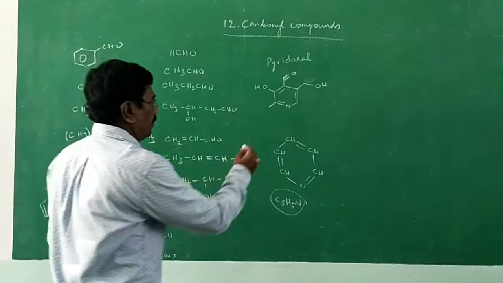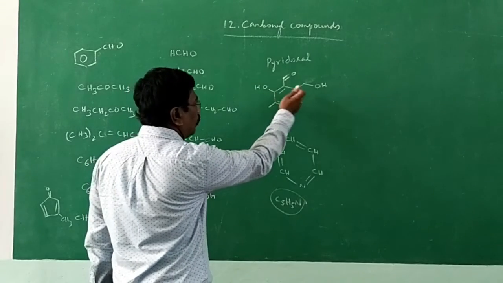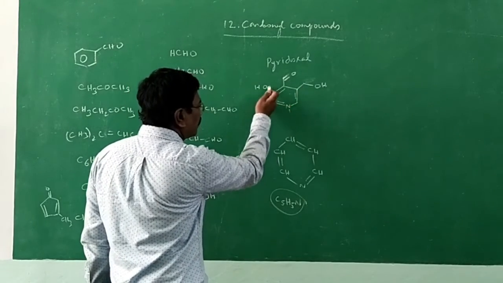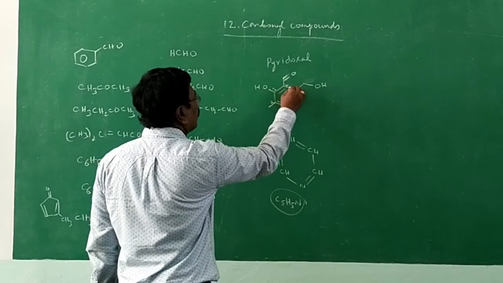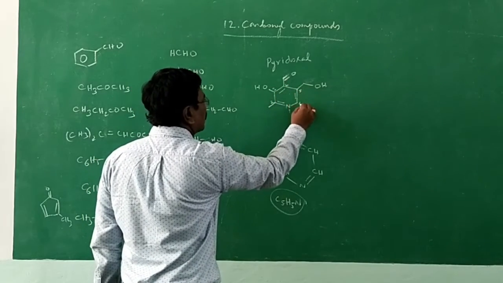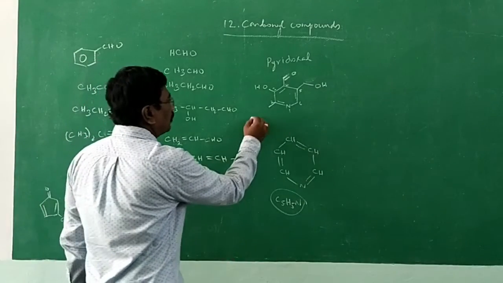It starts from here, 1. We have branches here, OH here and here, but if we start from here it may be better because we have one more branch here. 1, 2, 3, 4, 5, 6. We have a hydroxyl group at the third carbon atom, therefore 3-hydroxy.